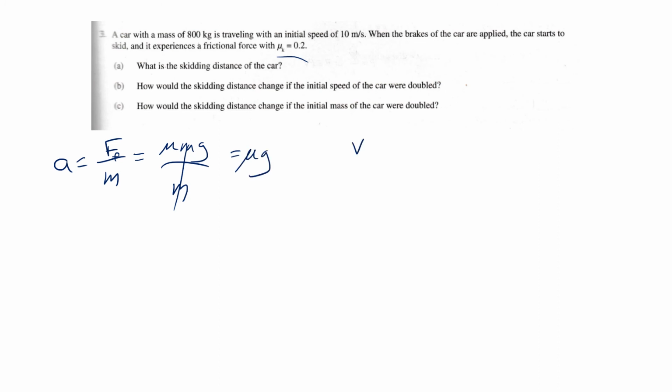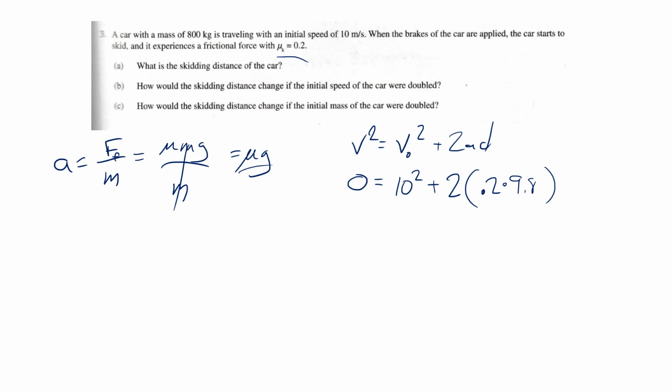And then we got to use our famous equation. v squared is equal to v0 squared plus 2ad. We're ending at rest. We're starting at 10, times 2 times the acceleration. The acceleration is mu times g. Mu was 0.2 times g, which is 9.8, times d.